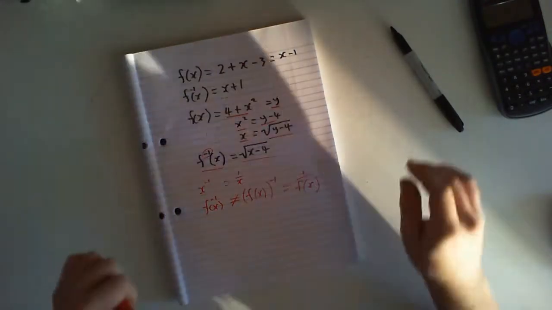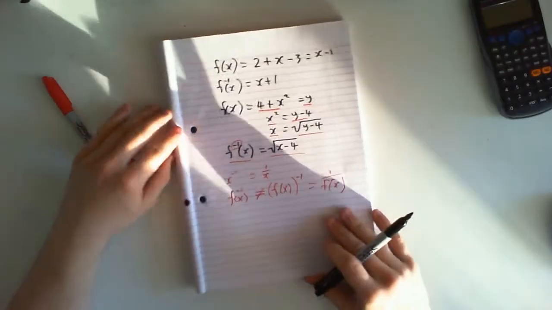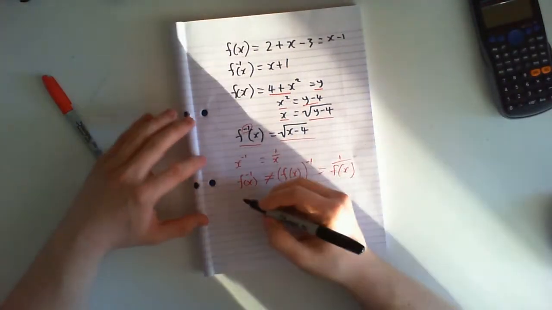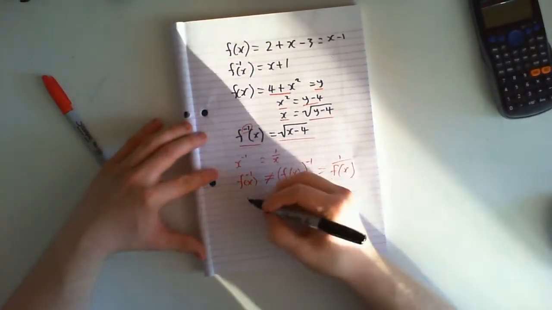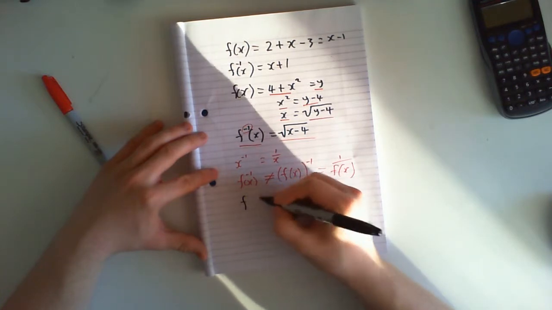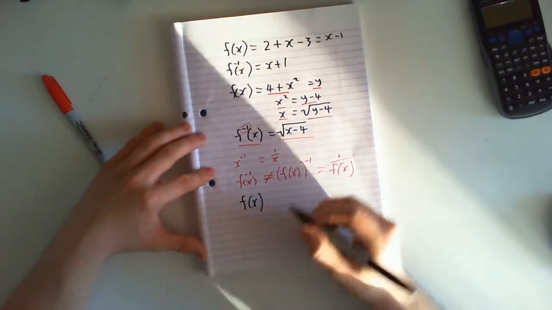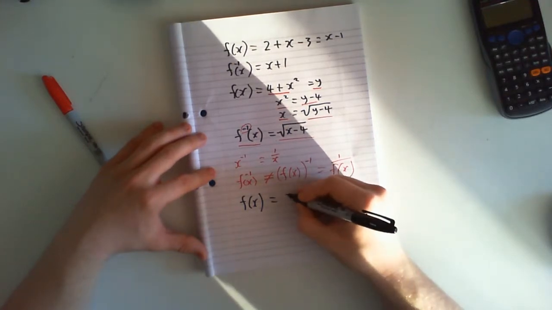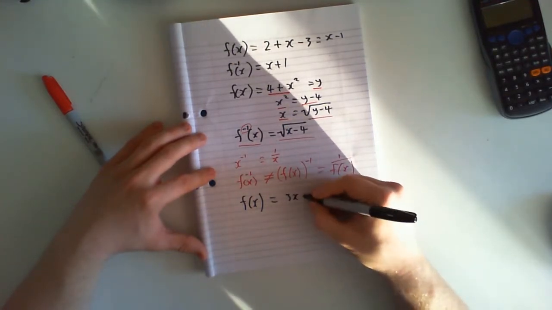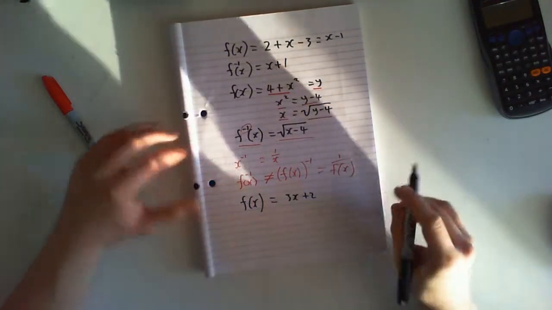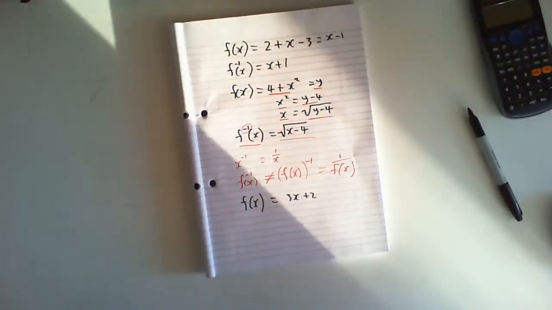And finally, I'm just going to quickly talk about something which you want to notice when you look at functions, which is if we have a function f of x, and we're going to make this function equal to 3x plus 2. So our inverse function then, we'll just quickly do our inverse. I'll do it step by step so we can see.